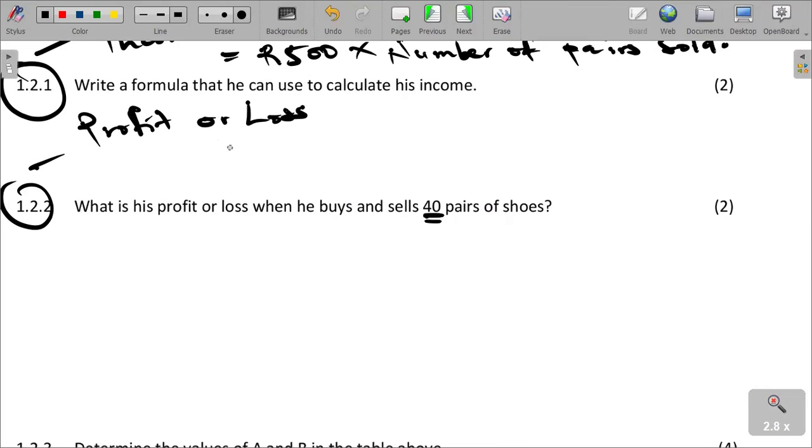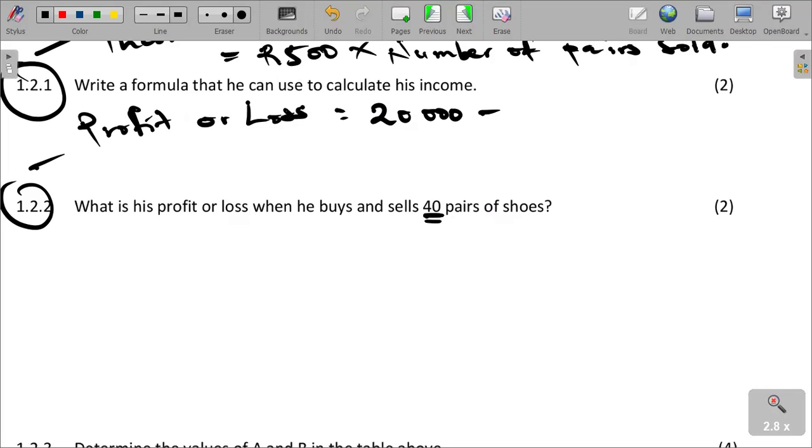If he is going to buy and sell 40 pairs of shoes, the number of pairs is multiplied by 500, which gives us 20,000.